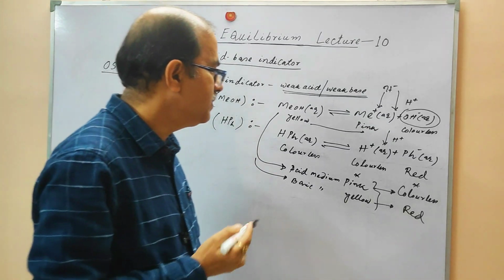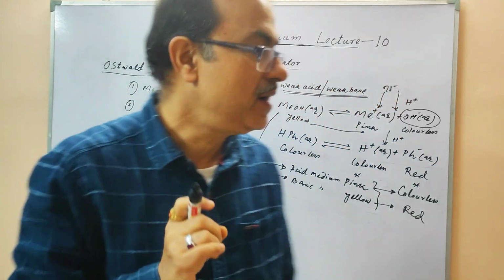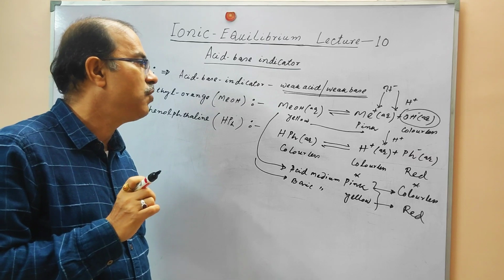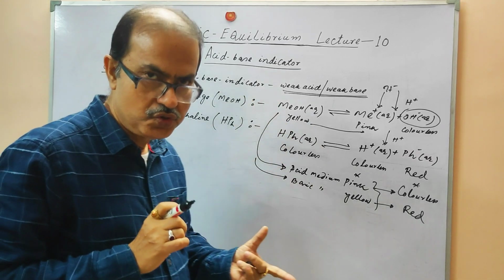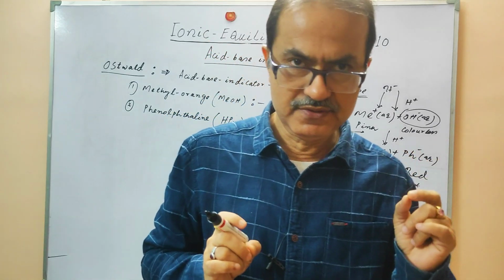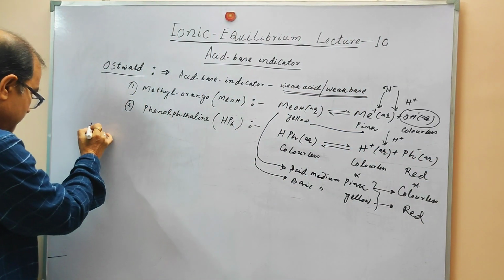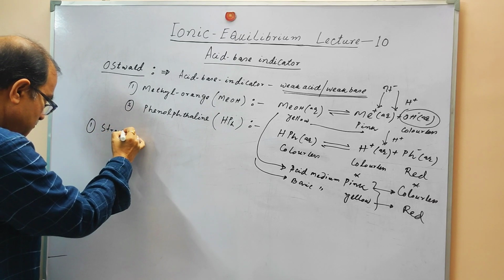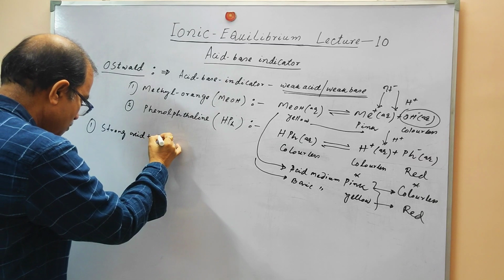So now we try to understand how the indicator works. And the point is, can we use this indicator for every type of titration, because there are different types of titrations. The first is strong acid plus strong base.